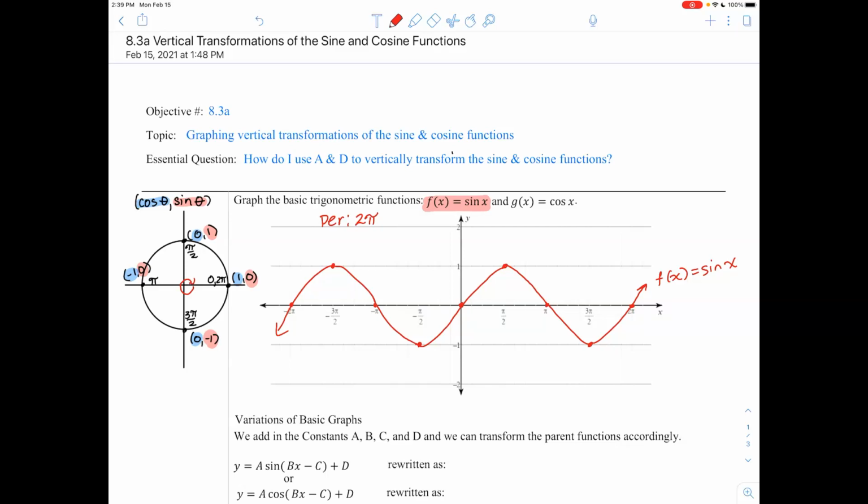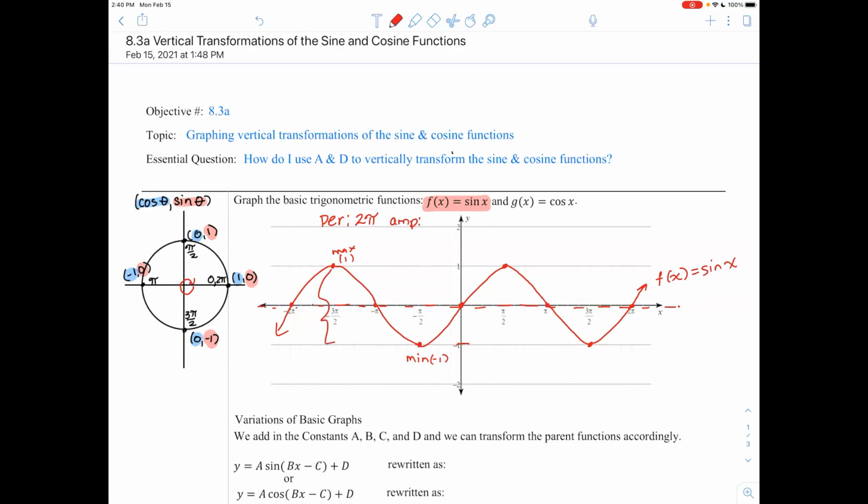All right, it also has an amplitude, in this case of 1. And the amplitude, if you remember, comes from the distance from the midline to the peak. So the midline would be right there where the zeros are, right? Because your minimum is at negative 1 and your maximum here is at positive 1, that's a distance of 2 units.